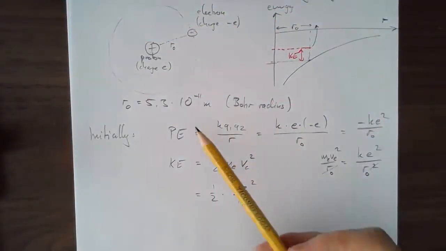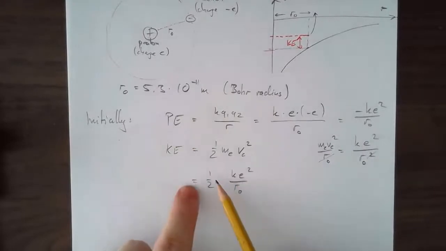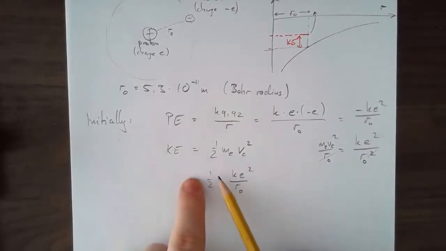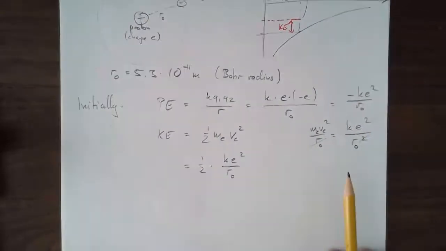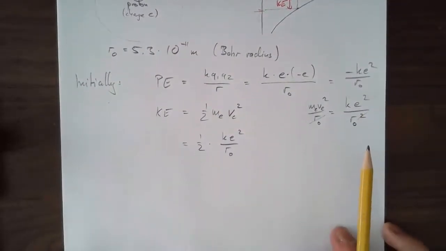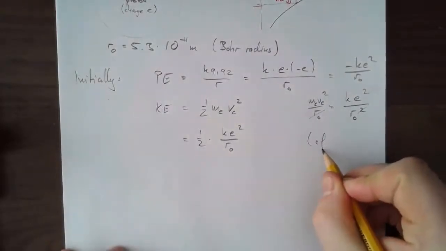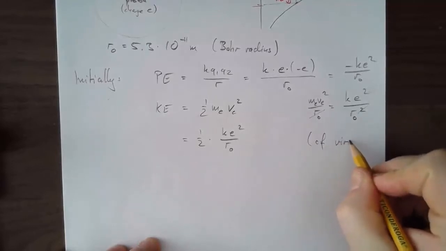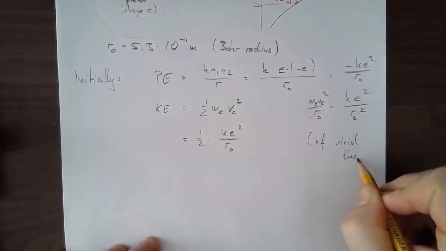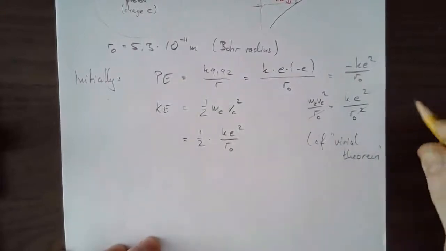There's a theorem that relates potential energy to kinetic energy. Broadly speaking, the kinetic energy is half of the potential energy, except for the minus sign. That is one particular instance of the so-called virial theorem, if you want to look it up. Compare the virial theorem; you'll probably find some fairly technical descriptions if you just Google this online.